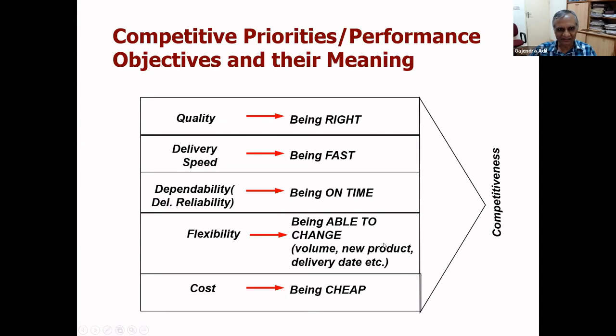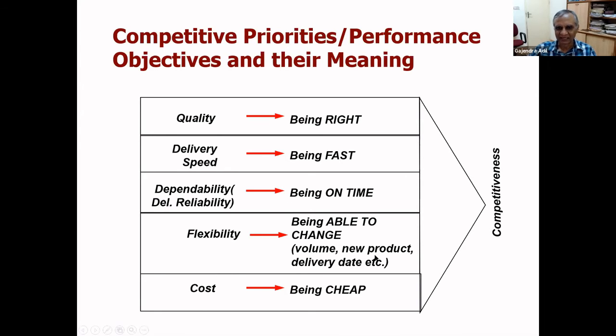Flexibility: just like quality, there are many ways you can express flexibility, but one could be volume. That means can you change your production level quickly? I can say produce 20, demand is 30, I can produce 30. I can go up to 40, then it is volume flexibility. New product means how quickly I can introduce a new product.